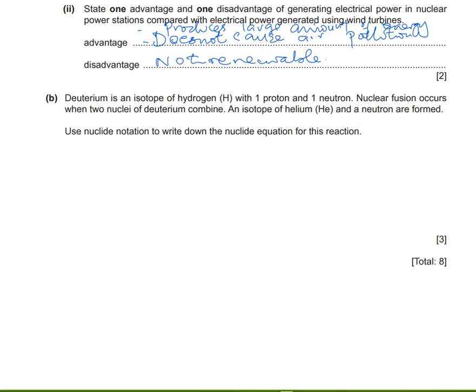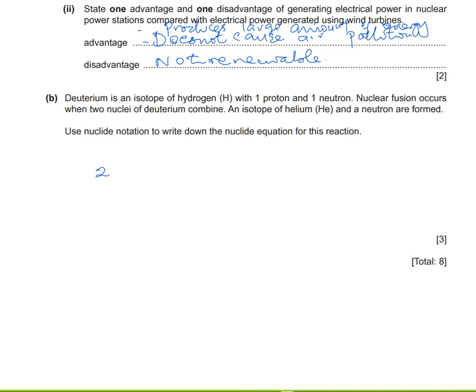Part B. Deuterium is an isotope of hydrogen with 1 proton and 1 neutron. Nuclear fusion occurs when 2 nuclei of deuterium combine, so an isotope of helium and a neutron are formed. Use nuclear notation to write down the nuclear equation for this reaction.